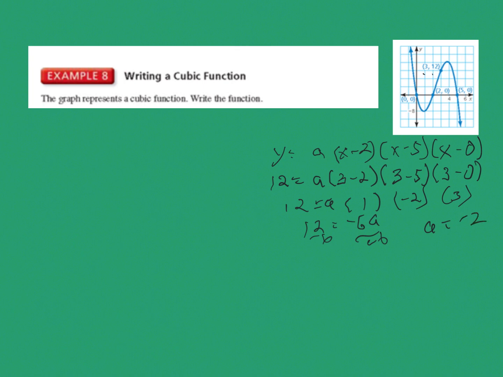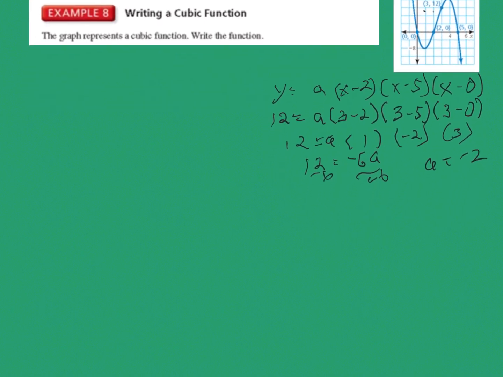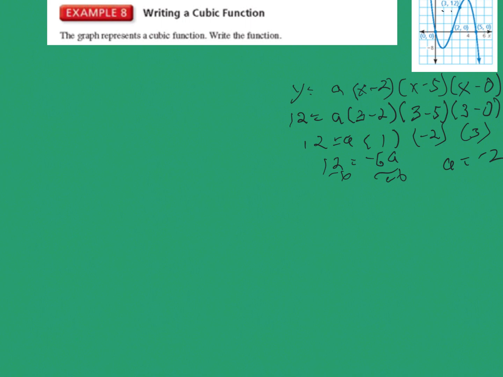Now we can go back and multiply all of our parts. y is equal to negative 2 times x minus 2 times x minus 5 and times x. x minus 0 is just going to be x.